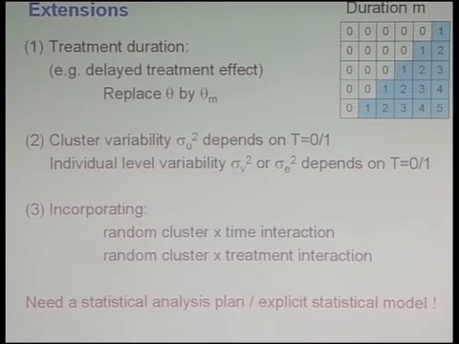So sort of borrowing from what you might do in a cluster crossover trial, you can argue that it would be important to include that extra random term. You could also include a random cluster treatment interaction. So there are all sorts of things you could do to make this model more complicated and explore, if you like, sensitivity of your results to different model choices.